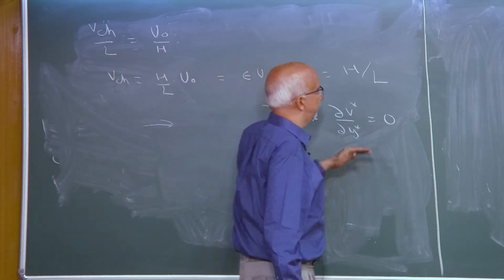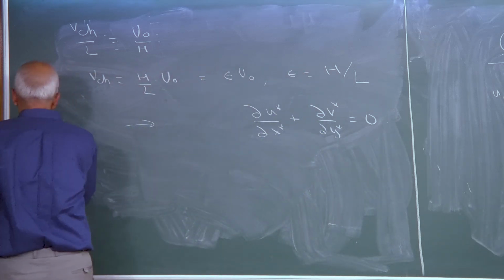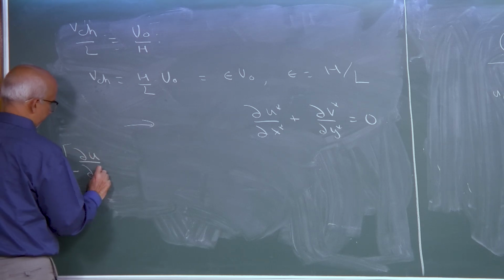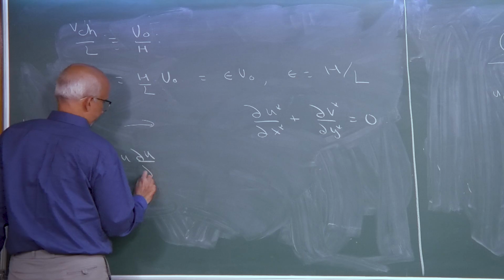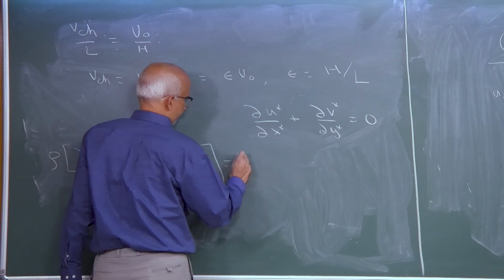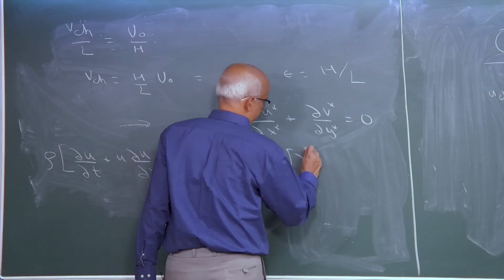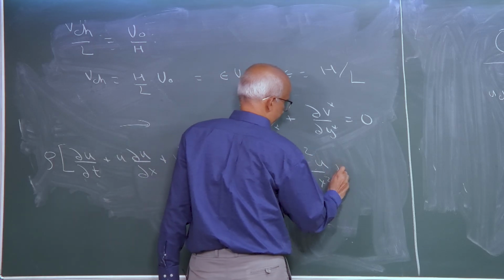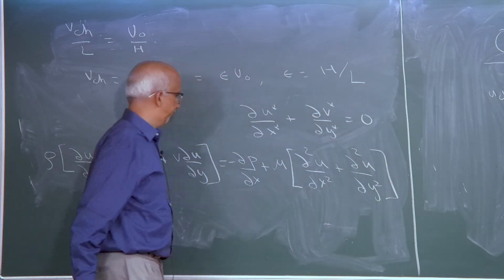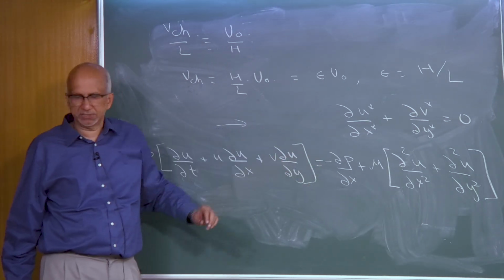Now I want to jump directly to the x momentum equation and see what inference I can make. I have neglected the gravity term because I can absorb it in pressure, like we discussed in the morning.